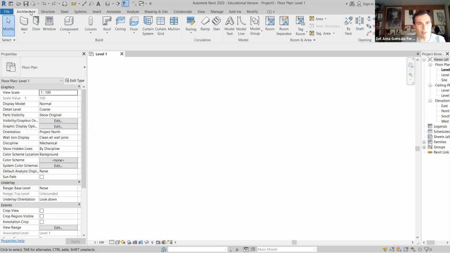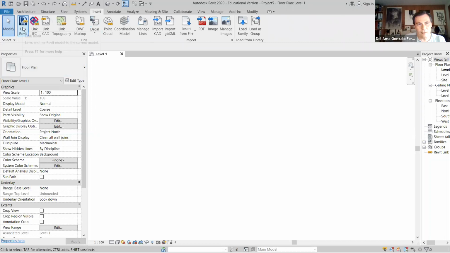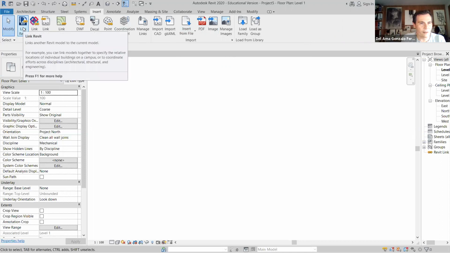So here we have architecture, structure, steel, systems. We have to insert, so we can insert from file. We can insert this Revit file, or this Revit link.